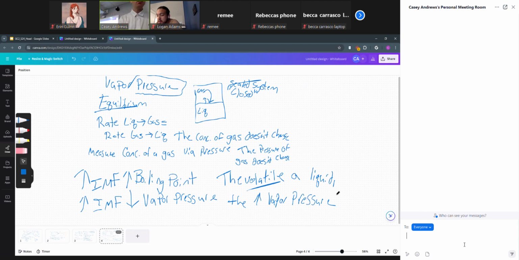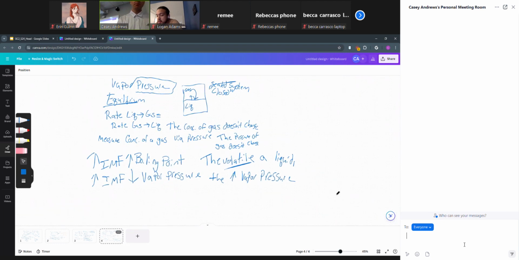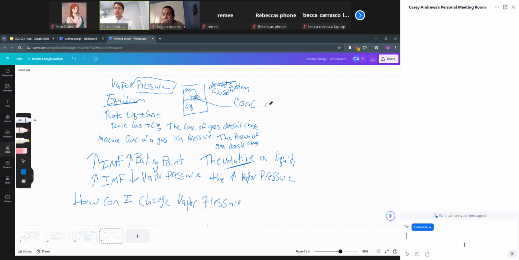And I'm going to add one more thing to that. How to change vapor pressures. And again, I'm just going to be very clear. The vapor pressure is the concentration of gas in a closed system. That's what it means.